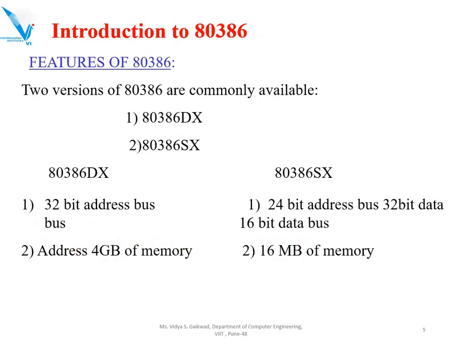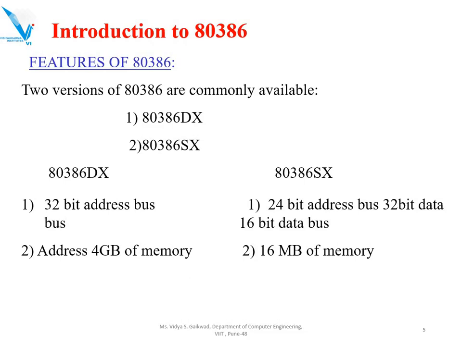There are two versions commonly available in this 80386, DX and SX. For our syllabus, we are going to study the DX version. This DX version has a 32-bit address bus, while the SX version has a 24-bit address bus and a 32-bit or 16-bit data bus.